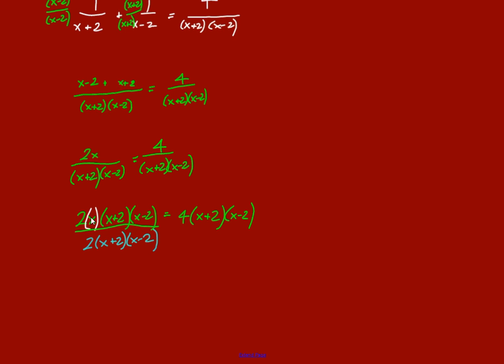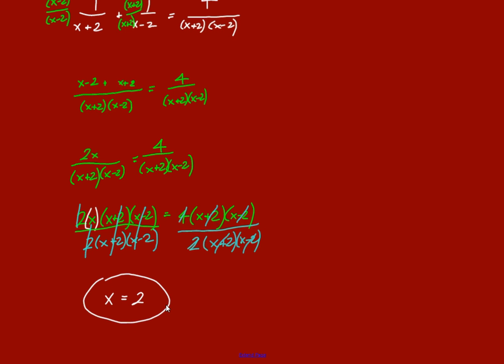I want this by itself. And that's going to leave me with x equals. Because on this side, the 2's will cancel, the x plus 2's will cancel, and the x minus 2's will cancel. But if I do it to one side, I have to do it to the other. So I have to divide by 2, x plus 2, x minus 2. The 4 and the 2 cancel to give me 2. That cancels here, that cancels here. So x equals 2. And I'm done.